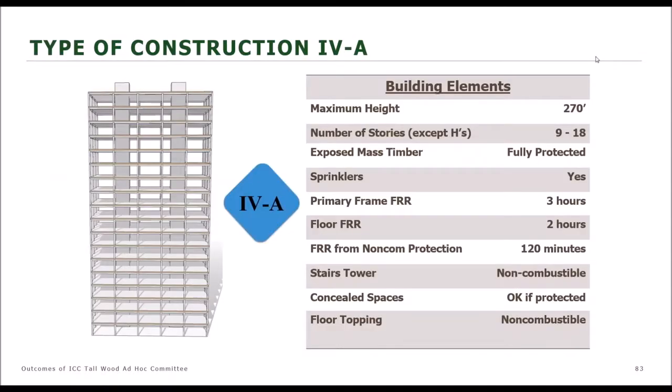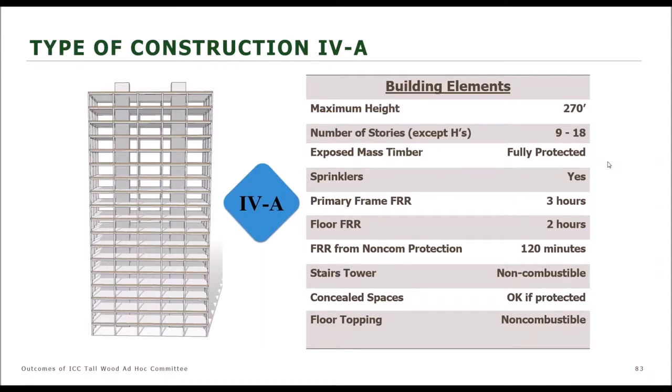Here's a summary slide about 4A. I think these are helpful. Most use groups, or many use groups, maximum height 270 feet. Not all, certainly not H, not E, and some of the others. Not I, certainly. 9 to 18 stories, fully exposed mass timber, fully protected.